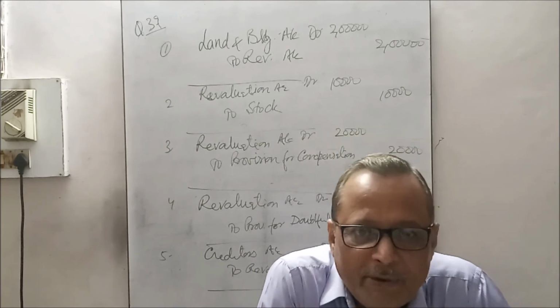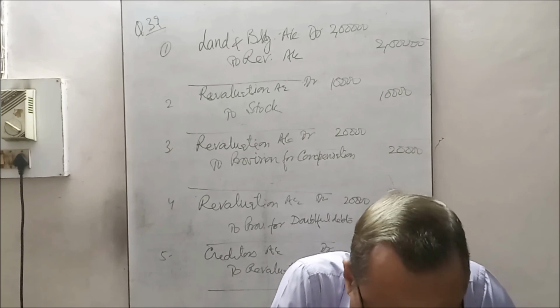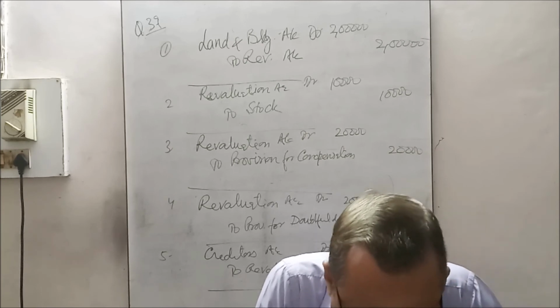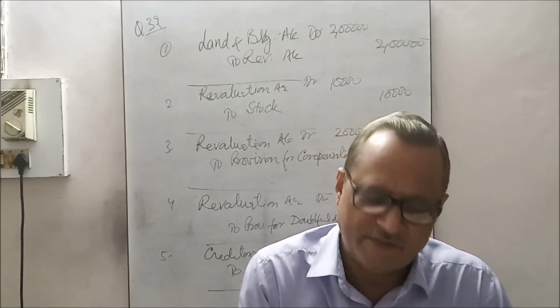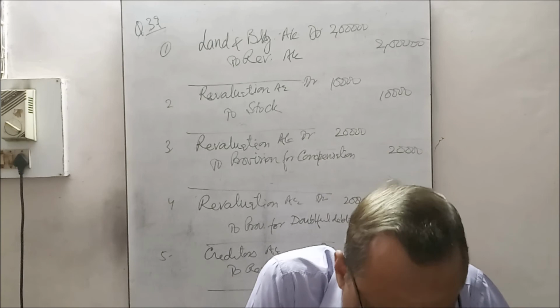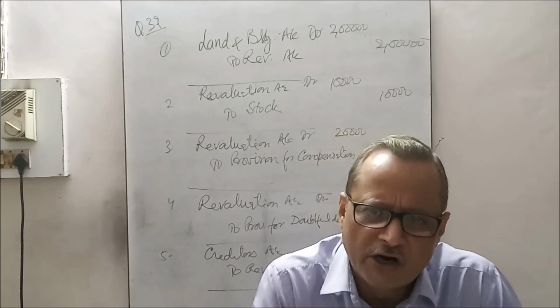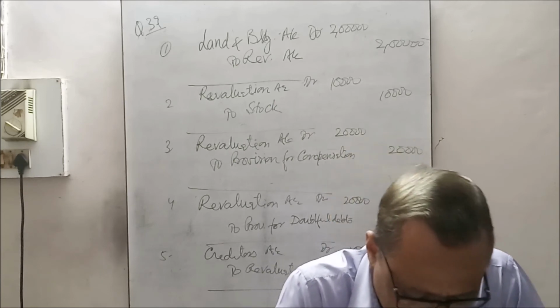Now a bill of exchange of 40,000 which was previously discounted with the banker was dishonored, but no entry has been passed. Now remember your 11th class bills of exchange. When a discounted bill is dishonored, what entry should be passed?